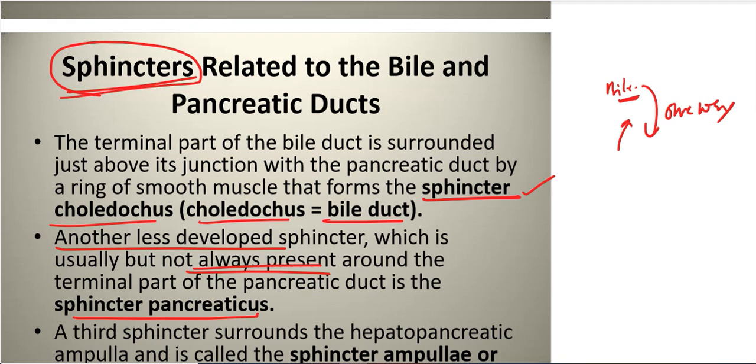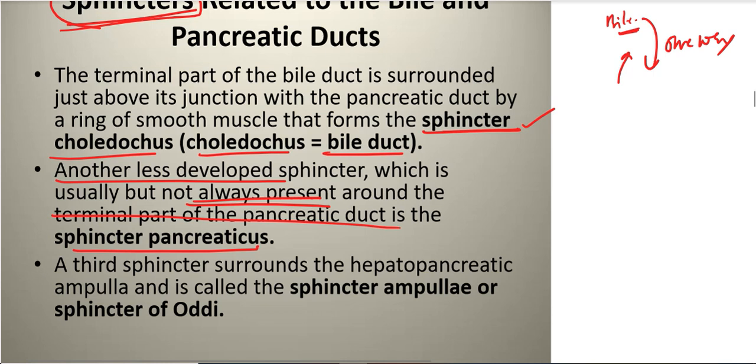This is found in the terminal part of the pancreatic duct, called sphincter pancreaticus, and the terminal part of the bile duct is called sphincter choledochus. And the third sphincter surrounds the hepatopancreatic ampulla and is called sphincter ampullae or sphincter of Oddi.